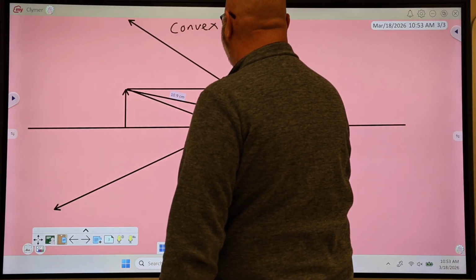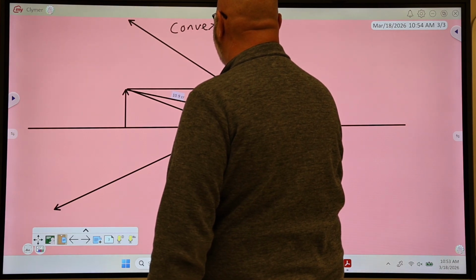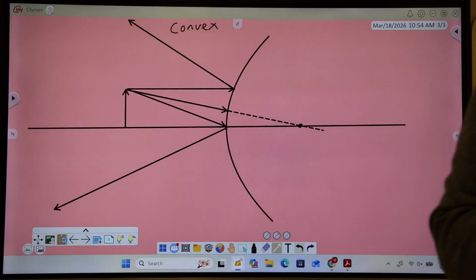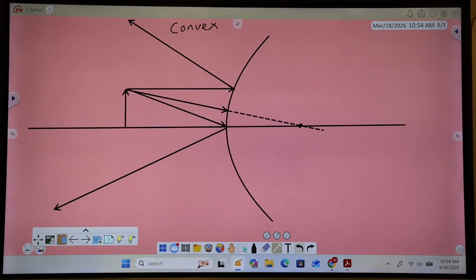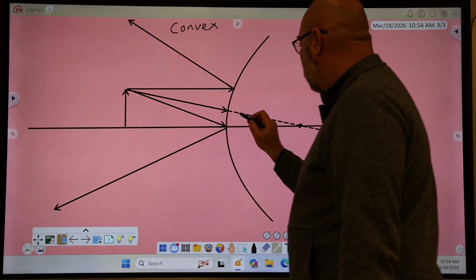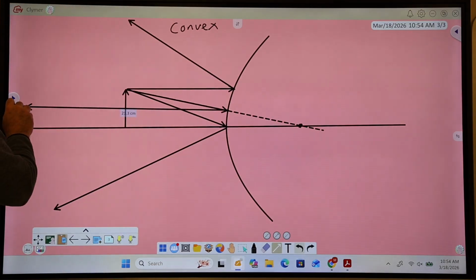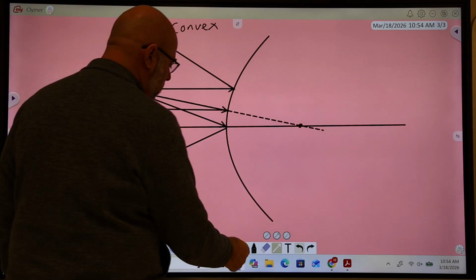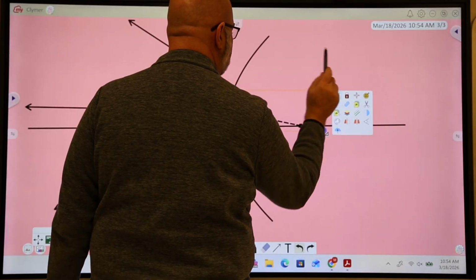So my real ray is going to come in here like this. And now a ray that's drawn on the same line as the focal point, how is it going to reflect? Parallel. So let's see what that looks like. It's going to be like this, right? Then I'm going to erase my test line.